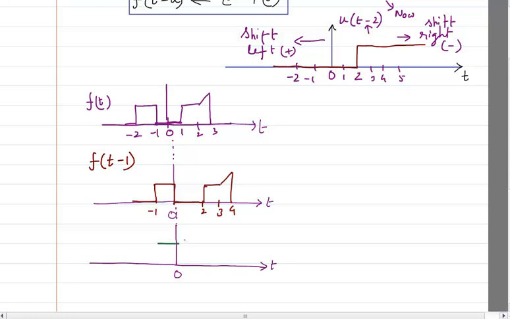So here it is like this, here it comes, it goes down, this is 1, this is 0, then this is -1, and here it comes down, and then it goes to -2, and then it comes to -3. At -3 it goes up, and then it comes down at -4.